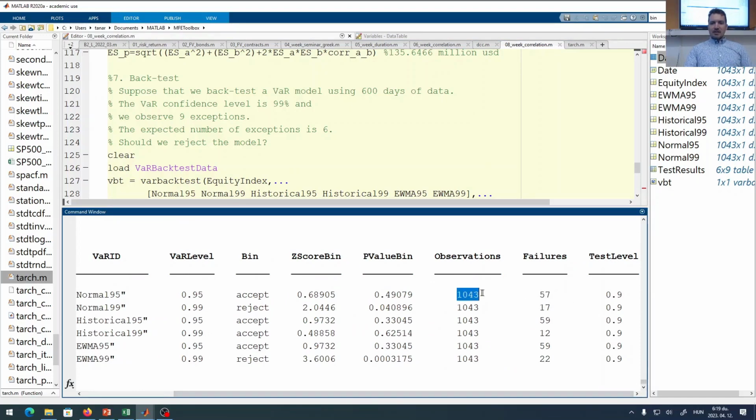So this is what we can see in the example: we have 600 days of data, so these are the observation numbers, and this is the number of failures.